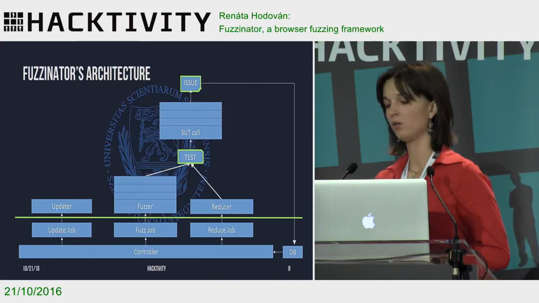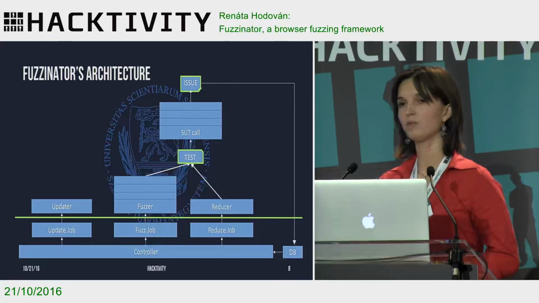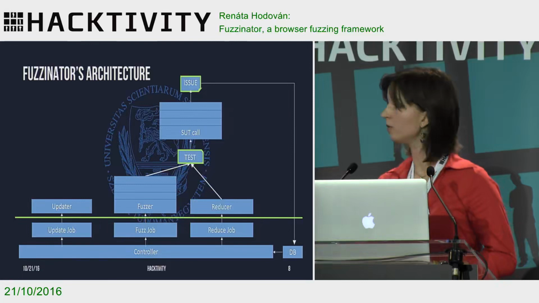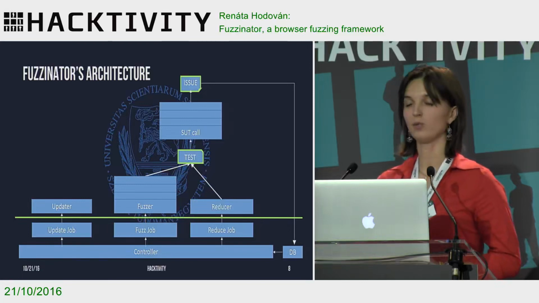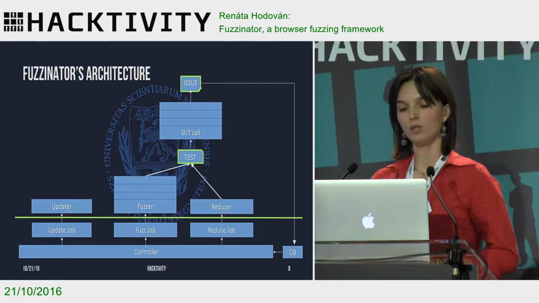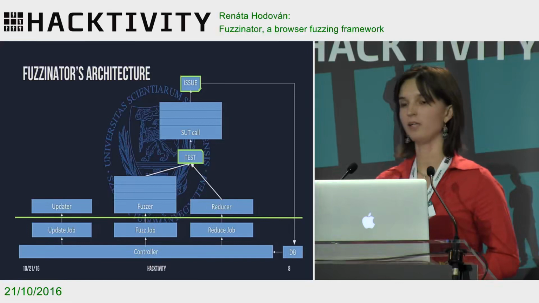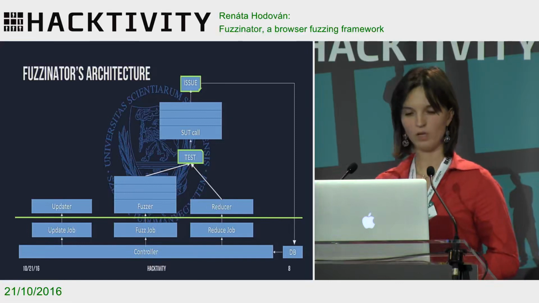The green line on this image represents the API boundary of Fuzzinator, and everything below this is part of the core framework, and everything above the line is customizable by you, either using the predefined building blocks or using your own blocks.